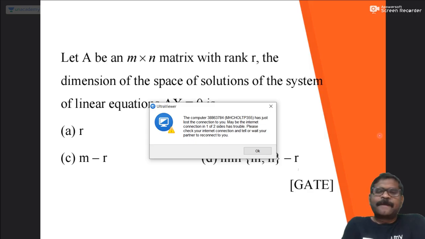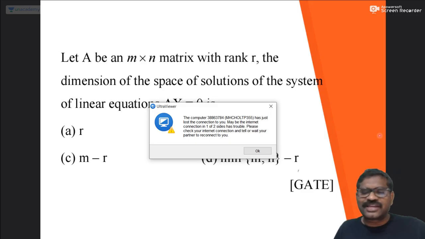Observe, let A be an M cross N matrix with rank R. The dimension of the space of solutions of the system of equations. Simple problem, poll is not required.